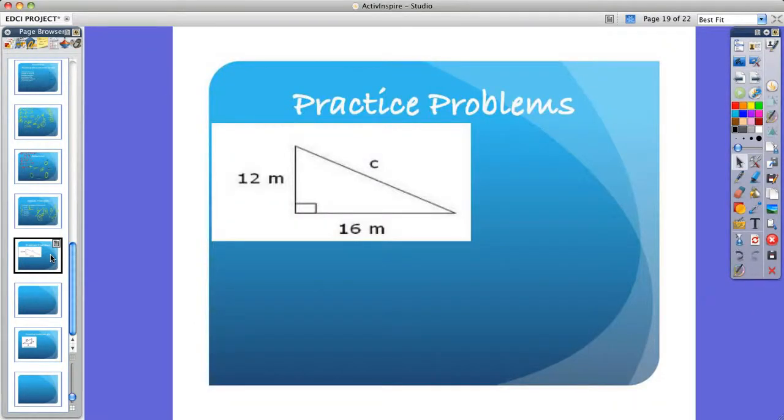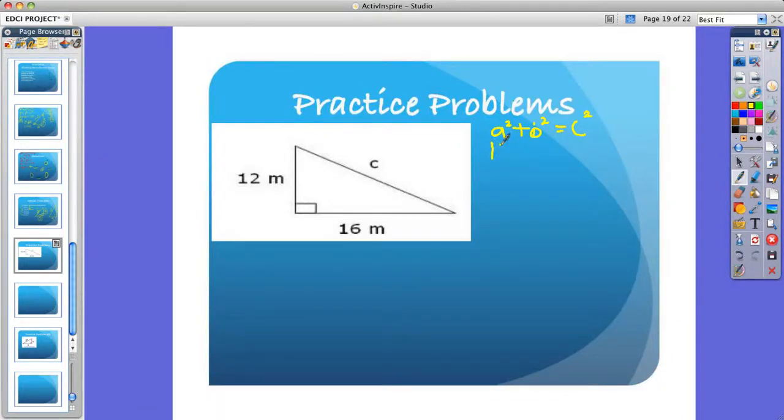So now let's try a practice problem. Would anyone like to try to solve this one on their own? I'll do it. Okay. A squared plus B squared equals C squared.